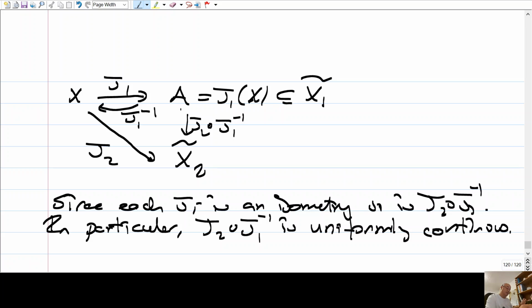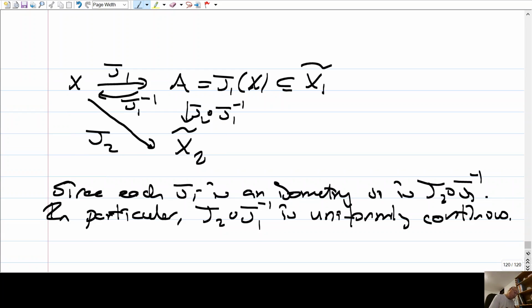Then that result told me that this function has a unique extension to its closure, which is x1 tilde. And if the map you started with is uniformly continuous, which is the case, then the extension is uniformly continuous. Moreover, if it's an isometry, then the extension is an isometry.